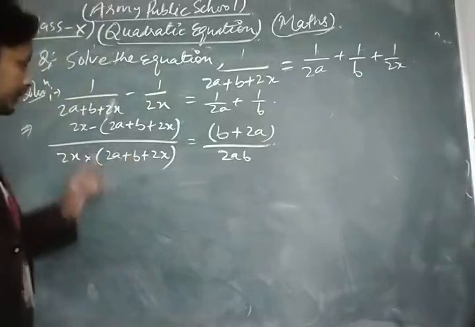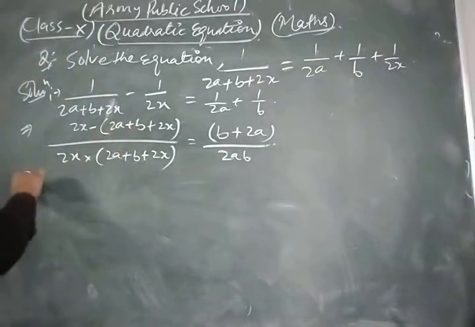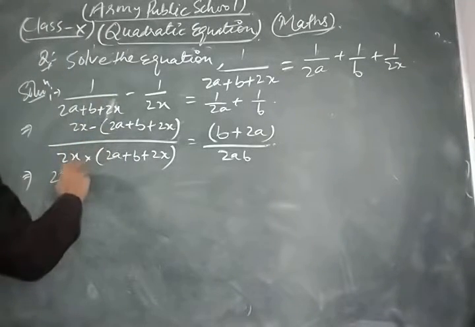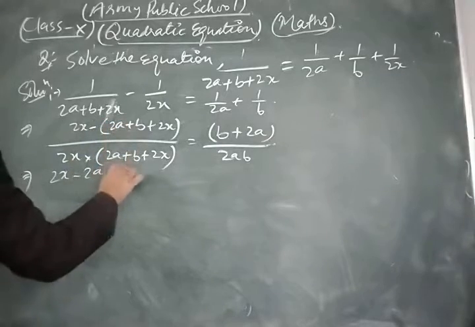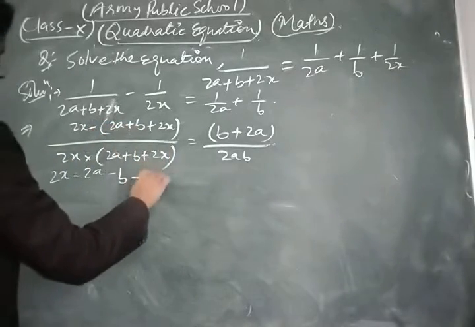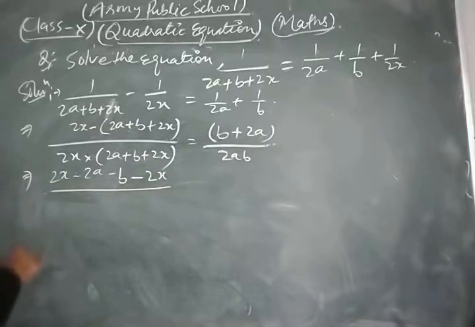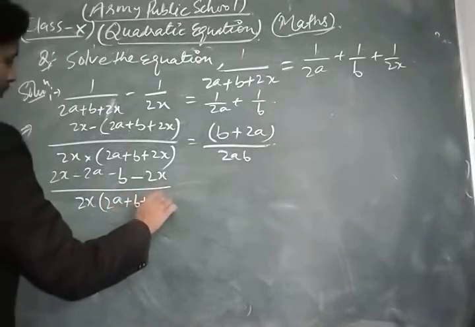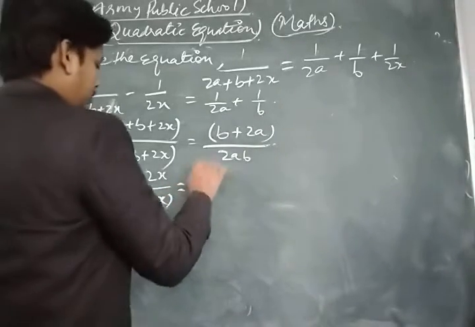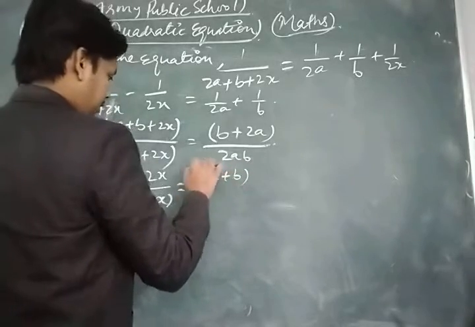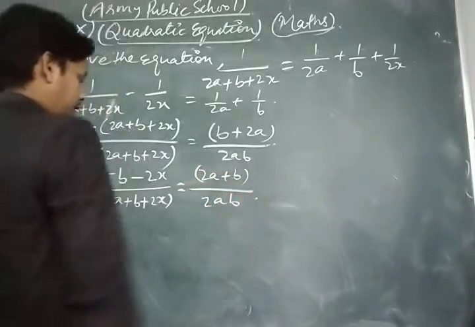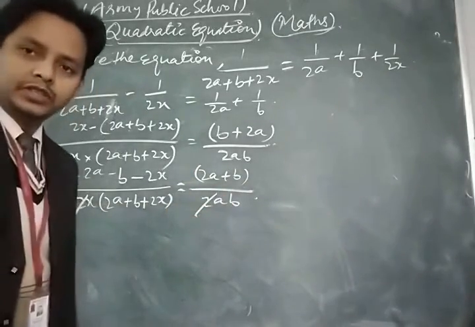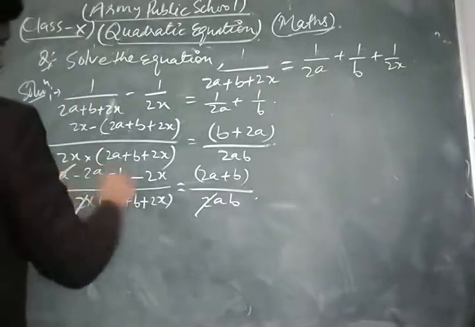Okay, now from there we break the brackets, so we get 2x minus 2a minus b minus 2x upon 2x into bracket 2a plus b plus 2x is equal to 2a plus b, written as it is, upon 2 into a into b. Now look here, this 2 and this 2 cancel to each other, and here this 2x cancel to each other.